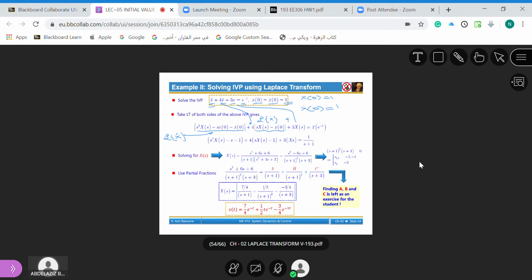And you know the Laplace transform of exponential minus t is simply 1 over s plus 1. So if we take the Laplace transform of both sides, we end up with this equation here.